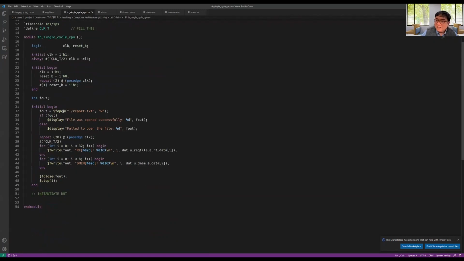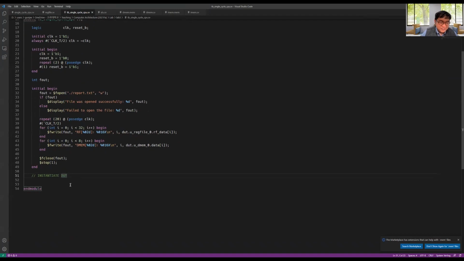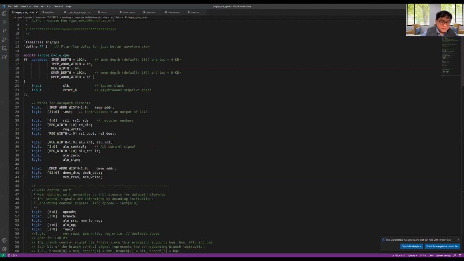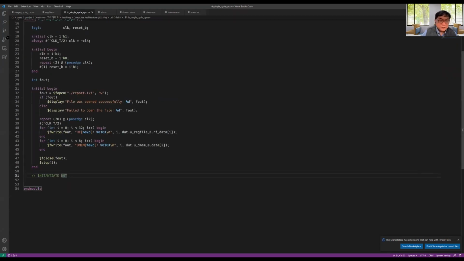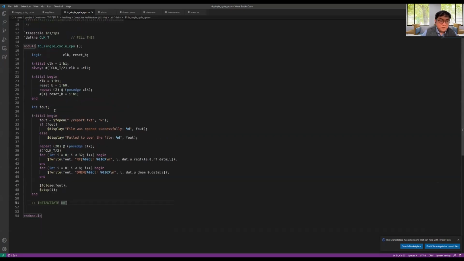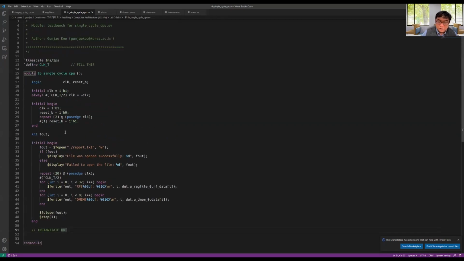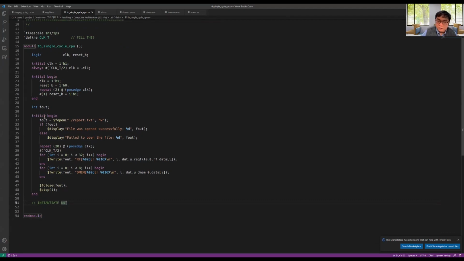Oh, this is not completed, so you need to instantiate the DUT. Sorry, it's not completed. So you need to complete only this part here: instantiate the DUT, design under test. And it's actually simple. Like the instantiation of the instruction memory, you can also instantiate the single cycle CPU under this test bench. And the other parts are already completed.